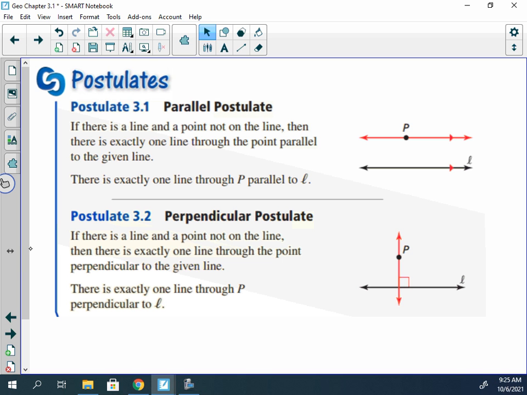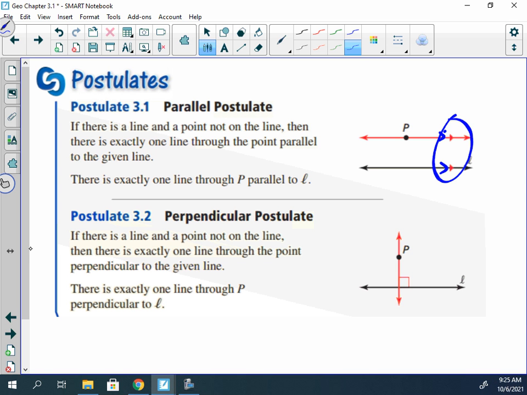Parallel, we'll normally give these little arrows on them to show that they are parallel. This here signifies that two lines are parallel. And one thing that we can do is if we have multiple lines in a figure that are parallel, but they're not all parallel to each other, we can signify that with multiple arrows, because we can add a second one for other lines that are parallel to each other.